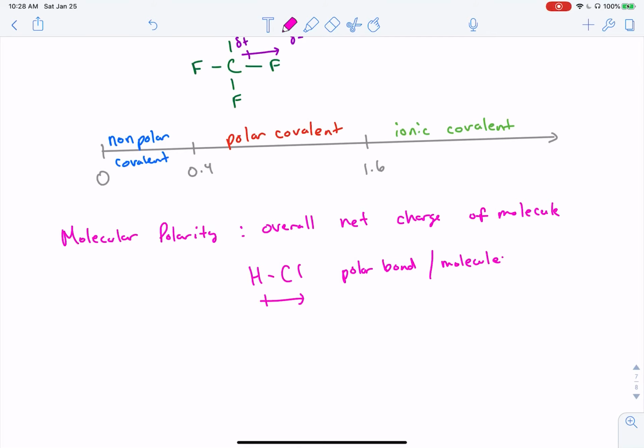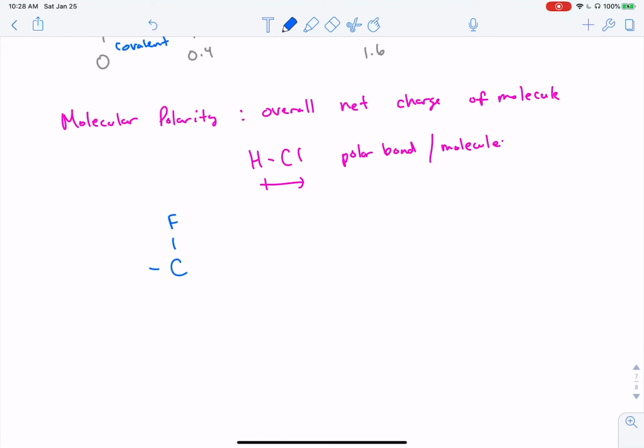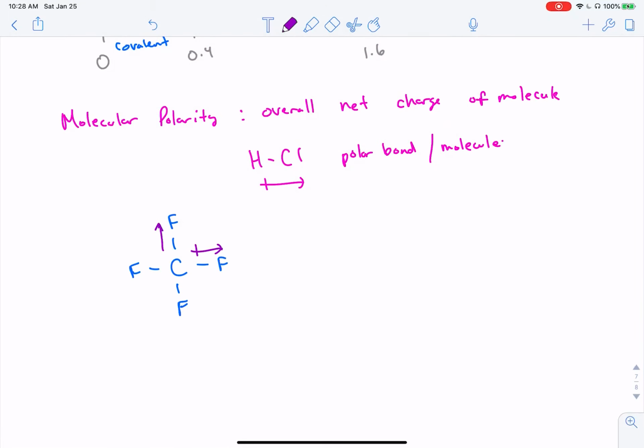The issue is when you have more than one bond, like for example in CF4. What happens here is that each of these pull in equal and opposite directions. Now, yes, I know this is not tetrahedral, but it still gets the point across. Okay?